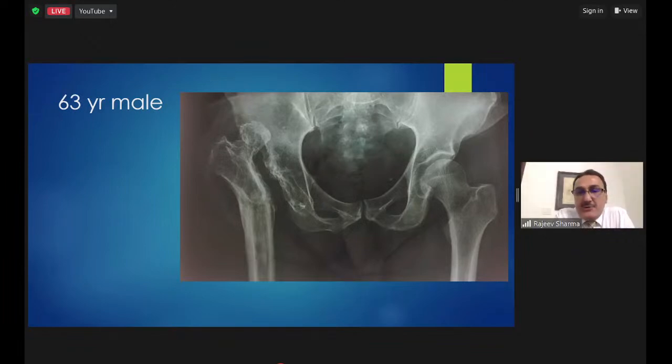I think the dislocation is a big issue in these cases because you have to release a lot of proximal femur. And most likely you have to do a subtrochanteric osteotomy for these cases. So I think it is not uncommon in these situations. So one has to be more careful in these cases than the normal total hip.